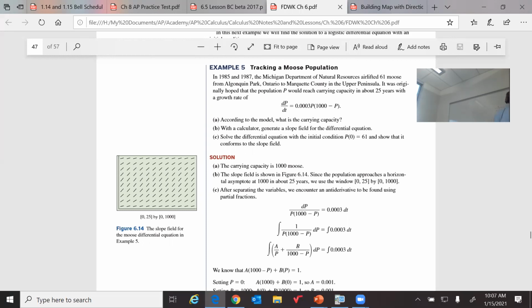So, your calculator does regression. You're familiar with linear regression. We also can do logistic regression. So on your calculator, go here. Stat, calc, and put those numbers in a list. 2 lists.